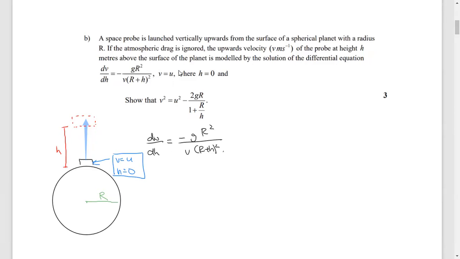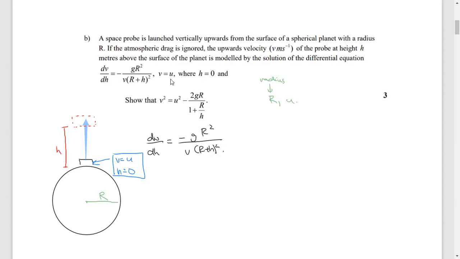Well, keep in mind when you're doing questions like this, what are constants and what aren't. So what is known? Well, r is a constant because it's just the radius of the planet, which is presumably not changing in the question. u is a constant.